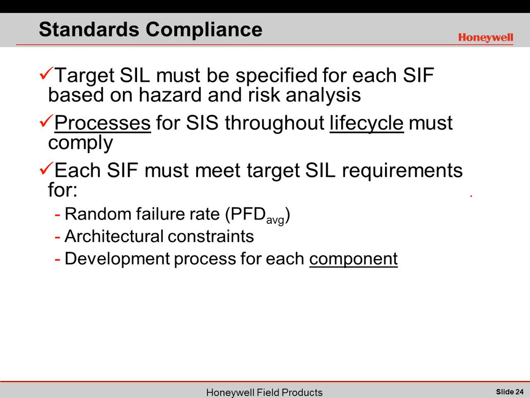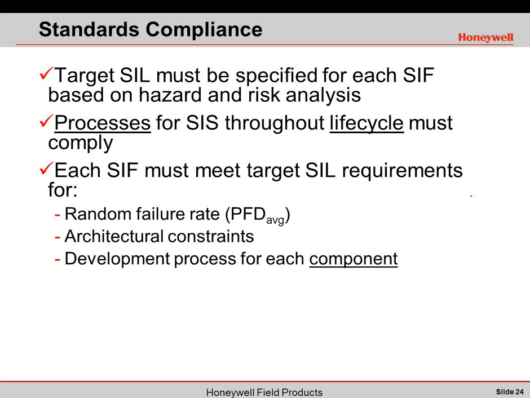The safety of a system also has a life cycle. They refer to it as just that, the safety life cycle. And so you must have processes established for the safety system so that it's tested at a particular interval and so on.